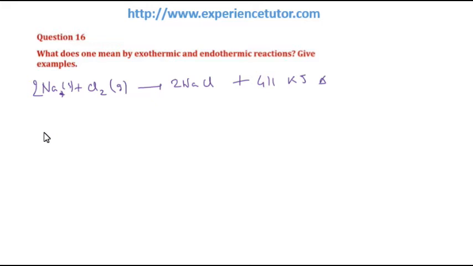Reactions that absorb energy and require energy in order to proceed are called endothermic reactions. In the process of photosynthesis, plants use the energy of the sun to convert carbon dioxide and water to glucose and oxygen.